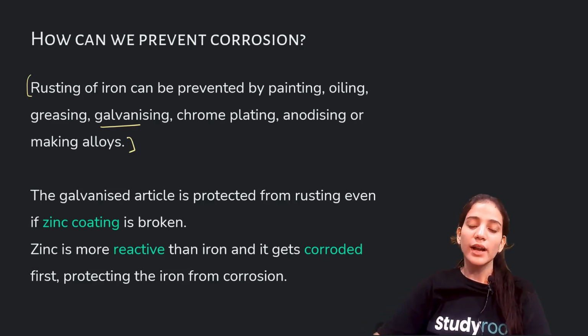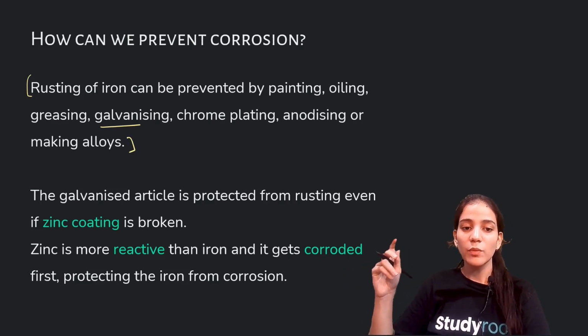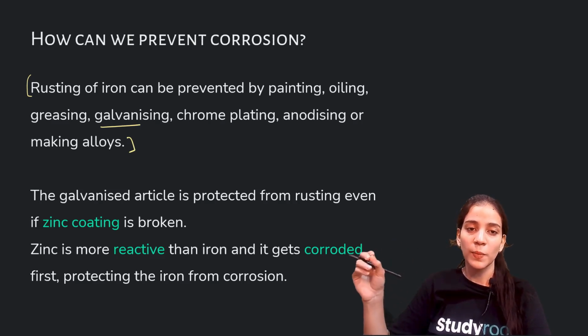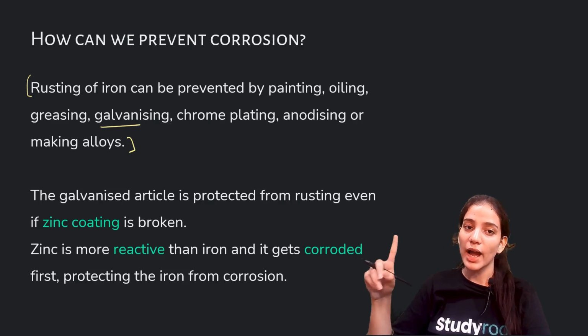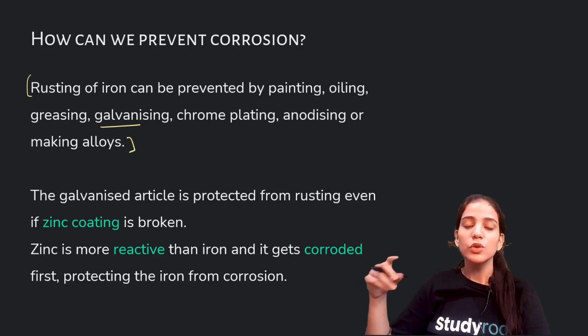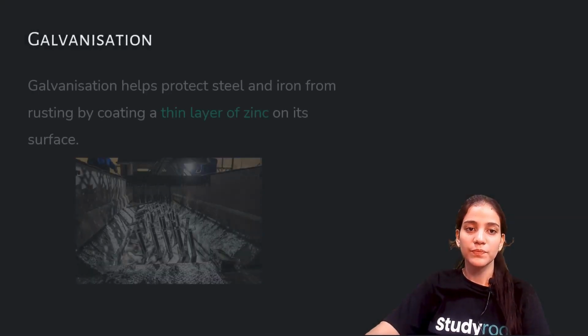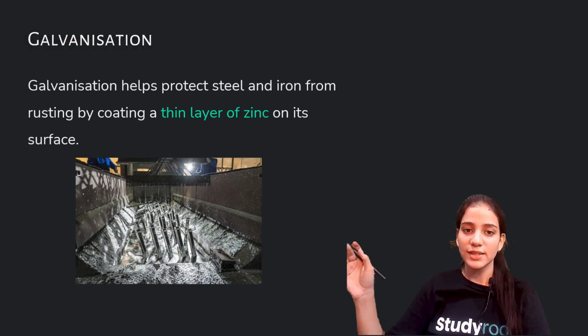The galvanized article is protected from rusting even if the zinc coating is broken, because zinc is more reactive than iron, so it gets corroded first, and hence it further protects the iron from corrosion. Now, what is galvanization?